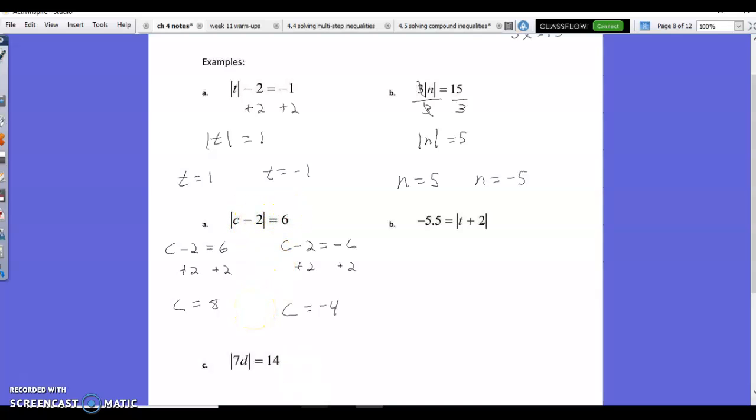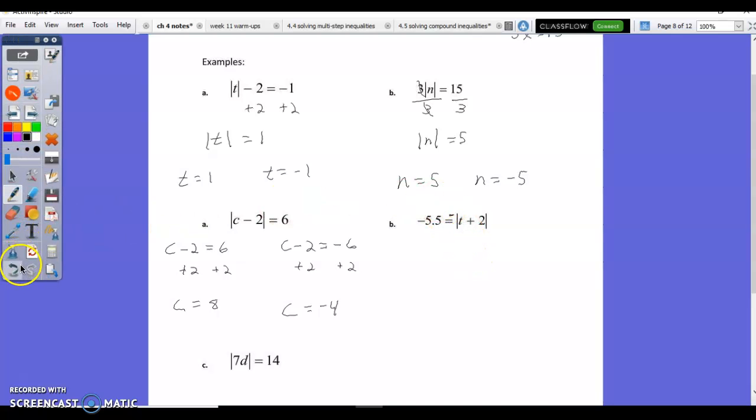Okay, so for this example, since the absolute value portion is all by itself, we don't have to do any of the first step like we did in A and B. But if we did, you'd note that the absolute value of whatever this is set to equal a negative number. Now we know from our previous experience with absolute values that an absolute value is always going to equal a positive, unless there was a negative outside of this problem, but we are not dealing with that right now.